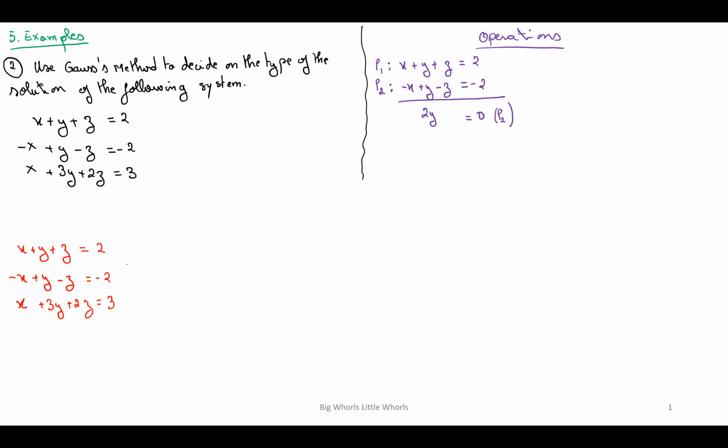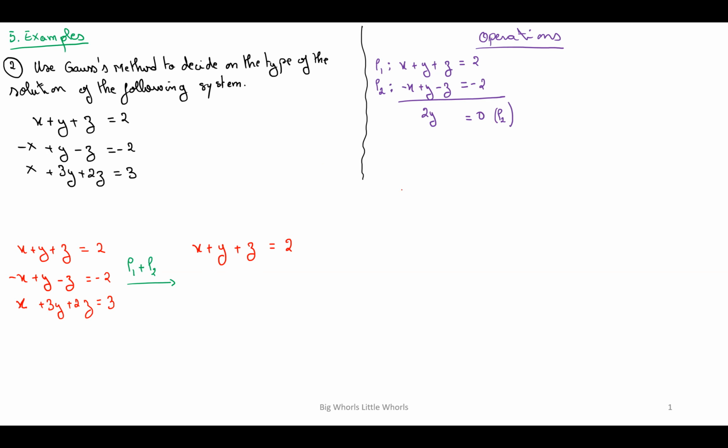So the operation we have done is row 1 plus row 2. In this question I won't change colors too much, as the previous question was our first time of doing Gauss's method, so I took plenty of time.